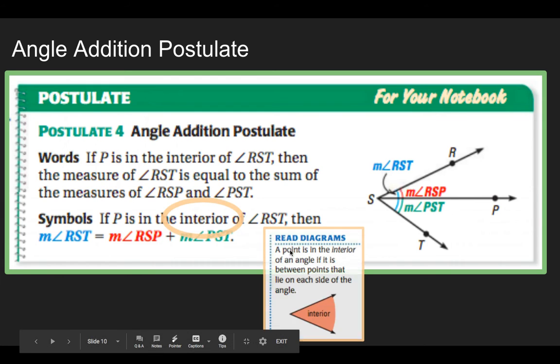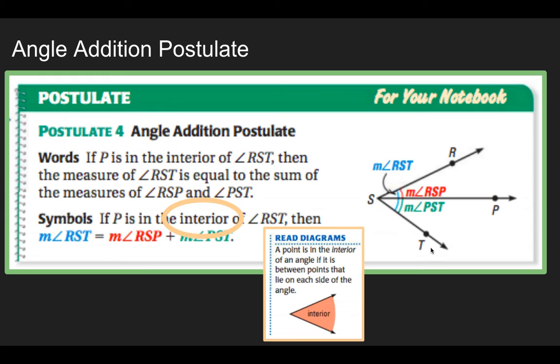And interior simply means inside the angle. Then the measure of RST is equal to the measure of RSP plus PST. And I can actually set it up as an equation as you see here.